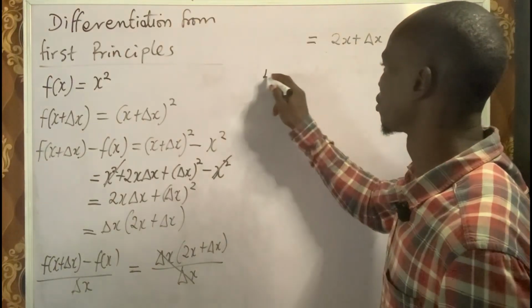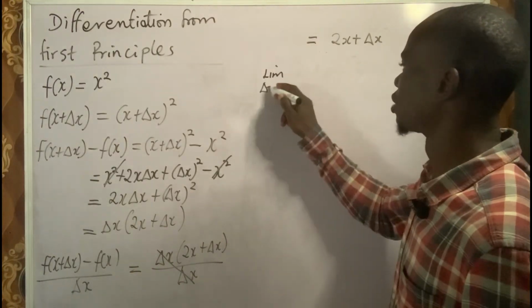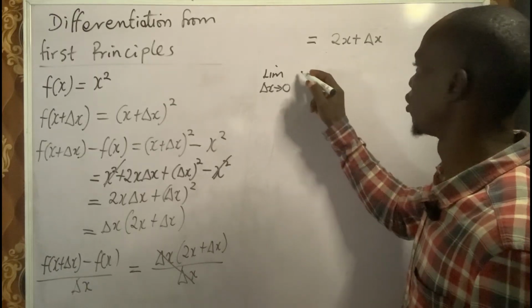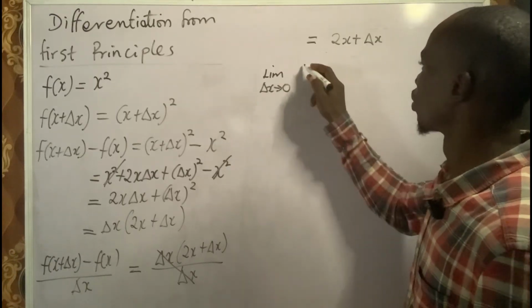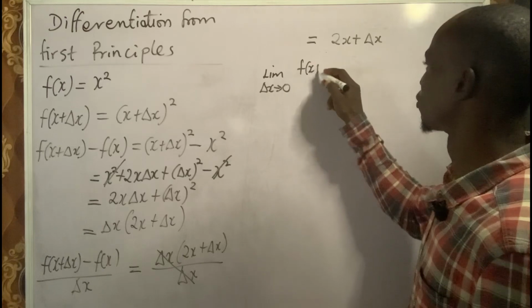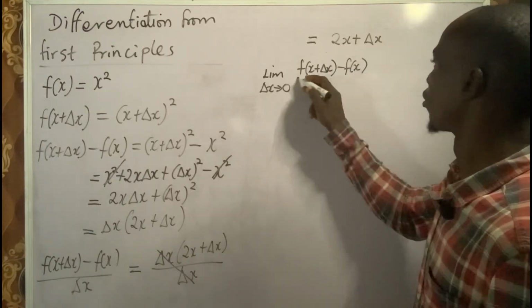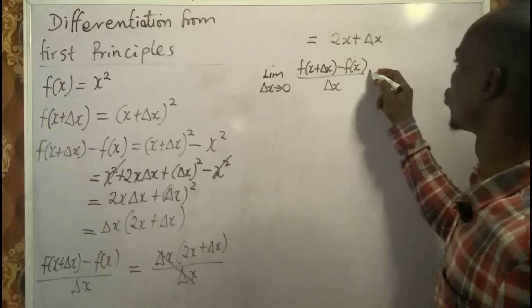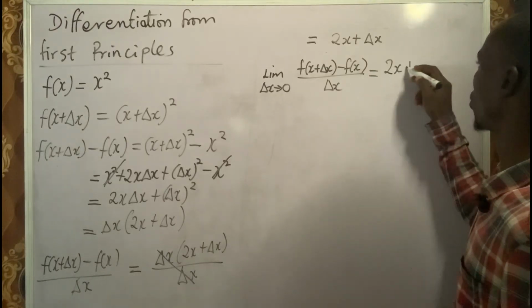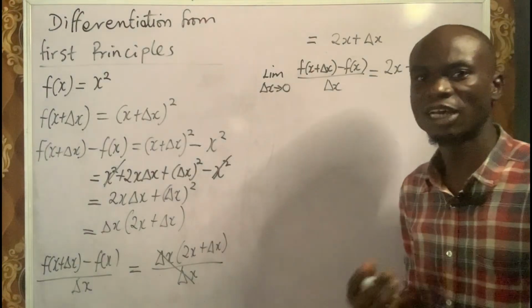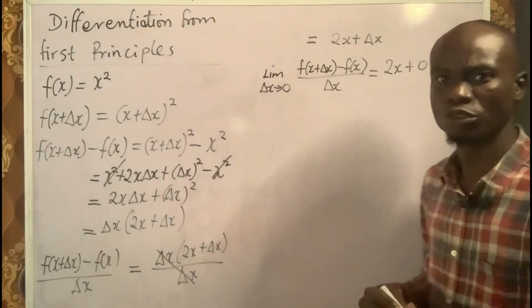So limit as Δx tends to 0, our formula comes in. We have [f(x + Δx) − f(x)] / Δx to be equal to 2x + 0. Remember, I said that's what this final step comes to do.